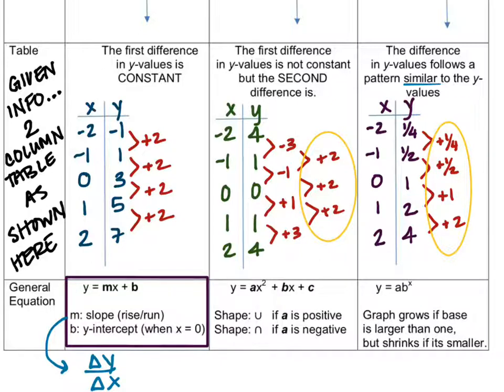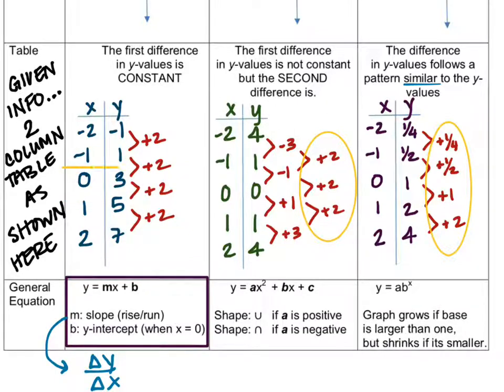And when I do that, in this table above us, I can see that I have 2 for my change in y. And when I take a look at my x's, the change is 1. I'm adding 1 each time. So this is a slope of 2. And my y-intercept is when x is equal to 0.